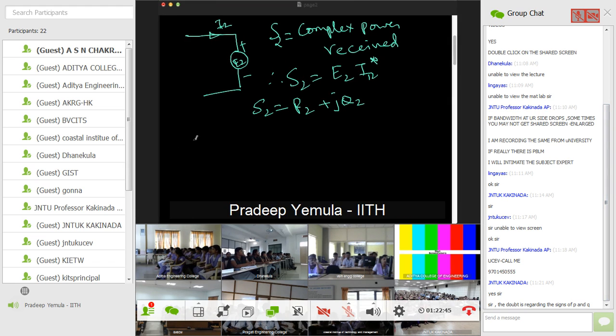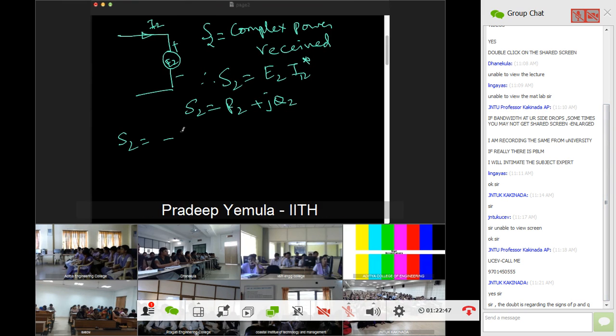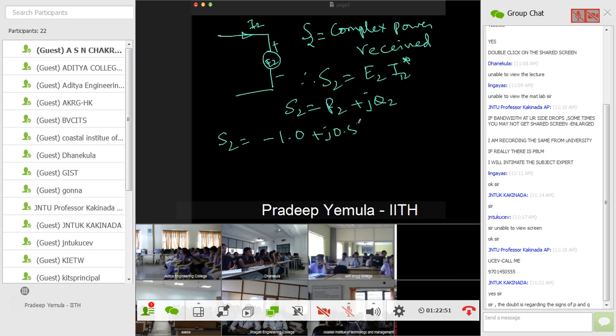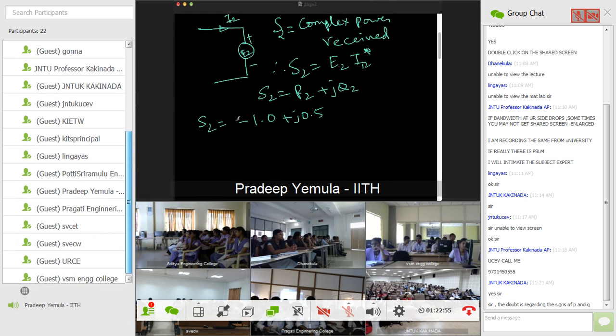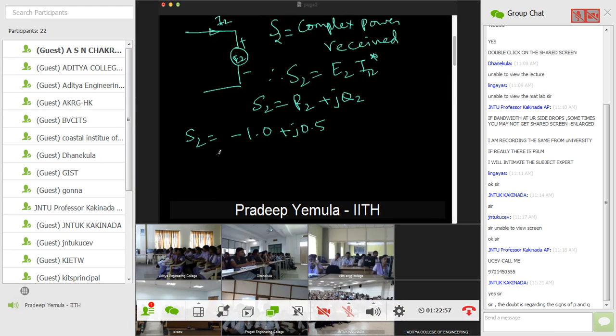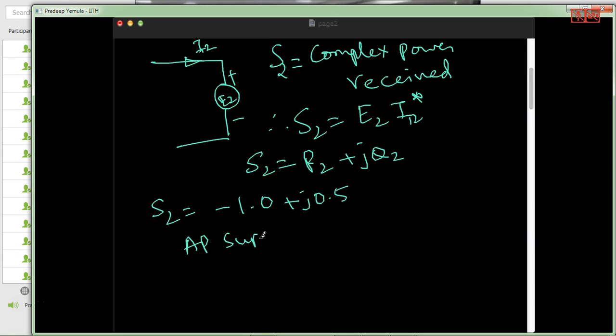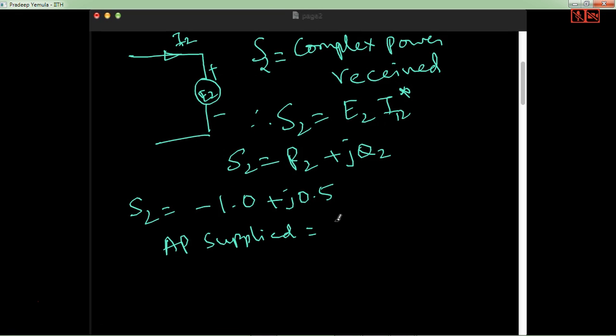Now you take the same example, minus 1.0 plus j0.5. Now in this case, negative means supplied. So active power supplied is equal to 1.0. Reactive power received is equal to 0.5. So that is the case.